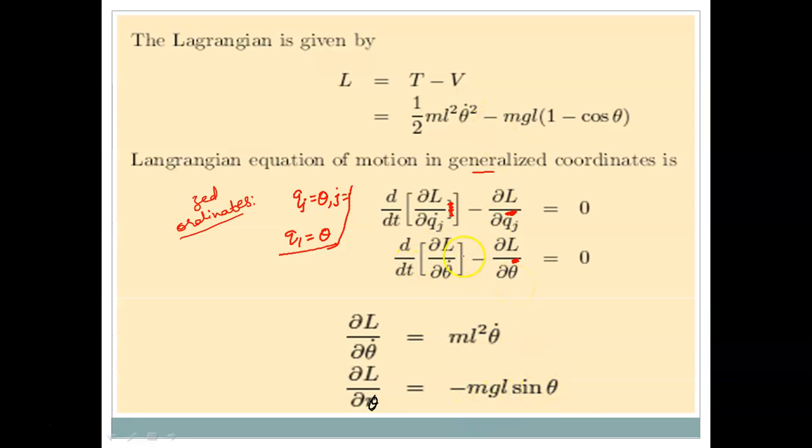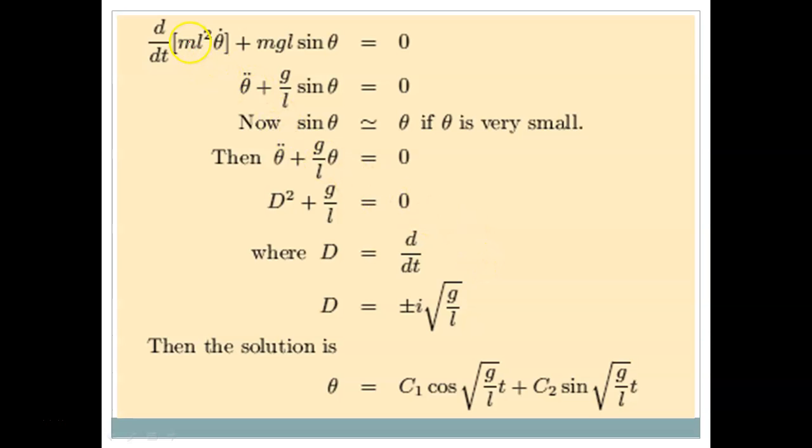You substitute the values in this equation, so we get d by dt of m L square theta dot plus mgL sine theta equal to 0. Here m and L both are constant, you can take these outside and they cannot be 0. The derivative of theta dot becomes theta double dot. In fact, theta double dot means d square theta by dt square.